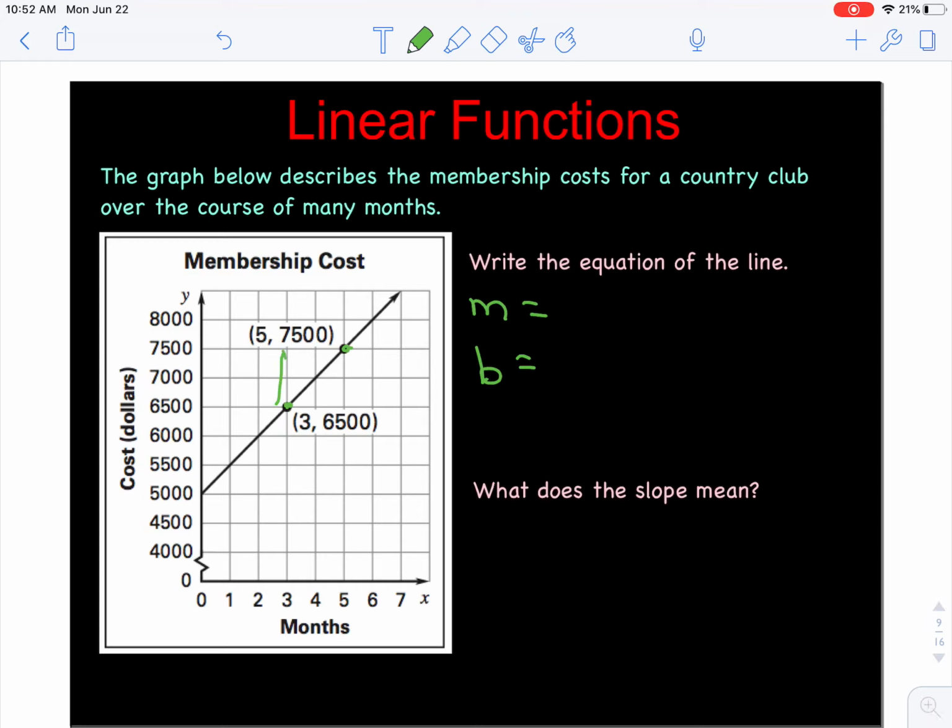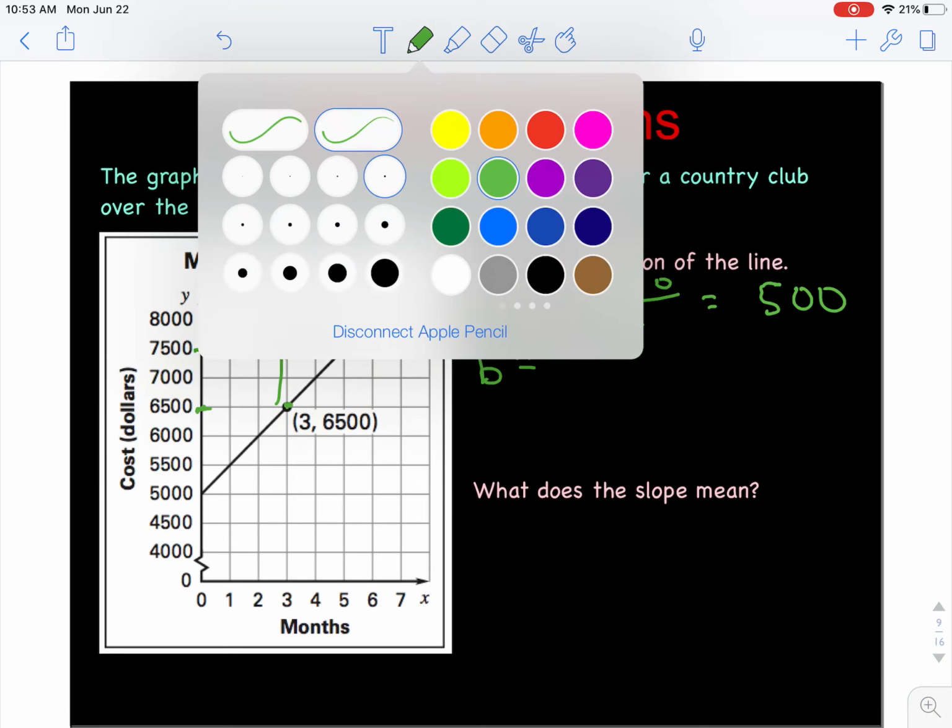Or I can notice that I'm going up 2 spaces, but those 2 spaces represent 500 each. So it's actually 1,000 over, and I am going over from 3 to 5, so 2, so that gives me 500. And my y-intercept, I can take that value and plug it in with one of those 2 ordered pairs, and that would verify.